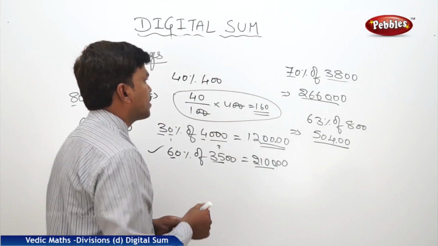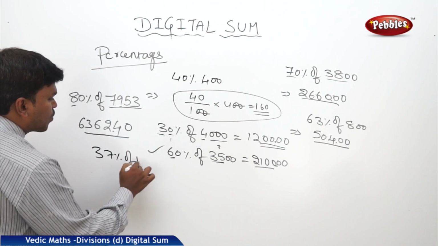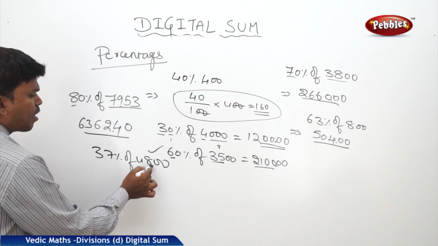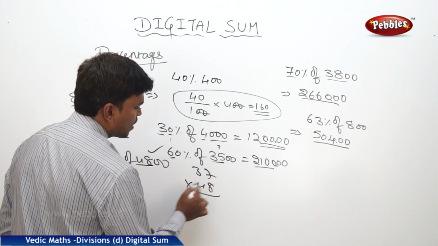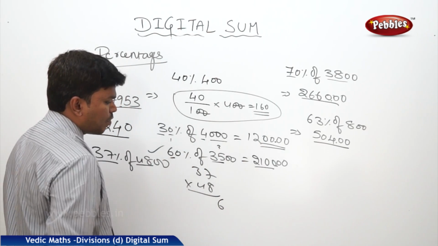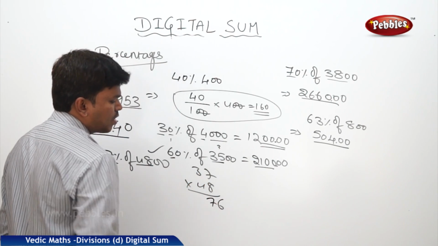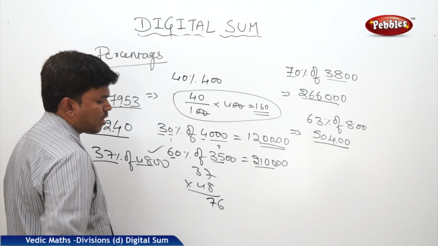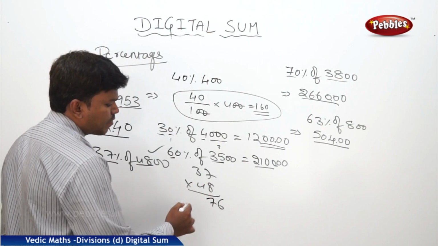Suppose one more example. Let us take 37% of 4,800. Here also, simply multiply 37 and 48 fast. 37 into 48 I want to multiply. 7 8s are 56, fine. Apply vertically crosswise fast. So 24 plus 5, 29. 29 plus 28, it is 57. 57, and 3 4s are 12. 5 will be carried. 12 plus 5, 17.